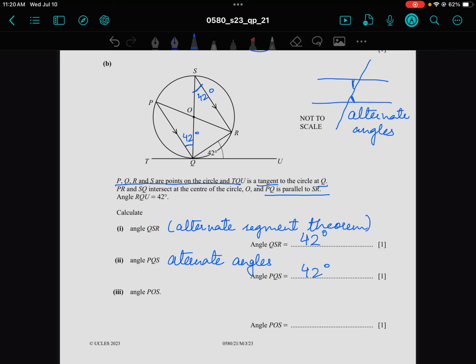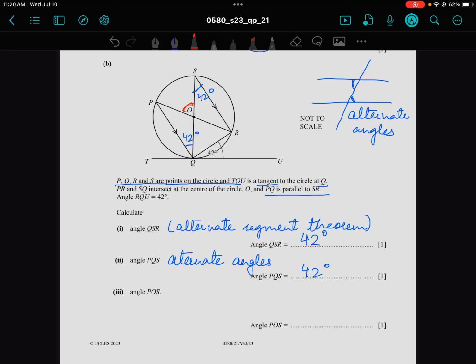Now part number 3, angle POS. This angle we have to find. So POS is equal to what? We use one more theorem of the circle theorems, that angle subtended at the center is twice the angle subtended at the circumference.